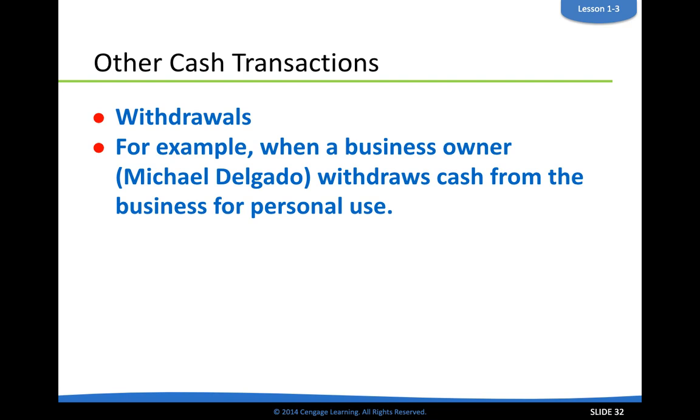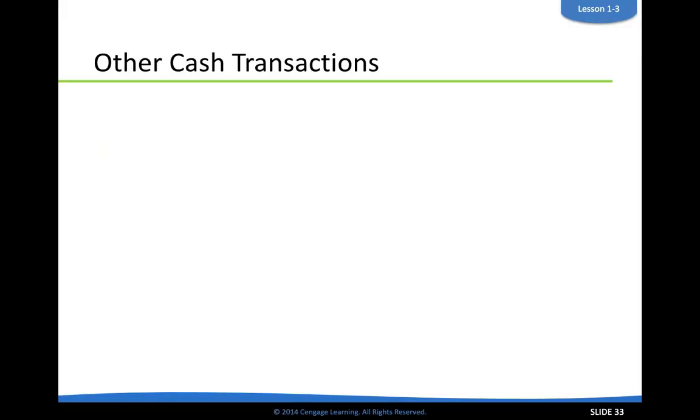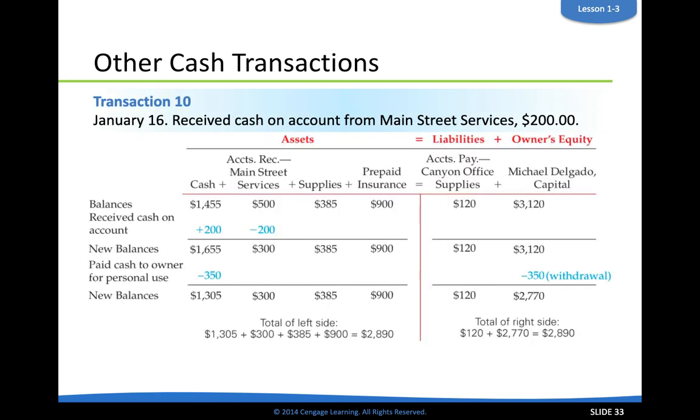Other types of cash transactions could be a withdrawal. So, for example, Michael Delgado, the person, withdraws money from the business account for personal use, would be considered a withdrawal. So, what's going to happen when Delgado withdraws money from the business, received is going to be right up there.